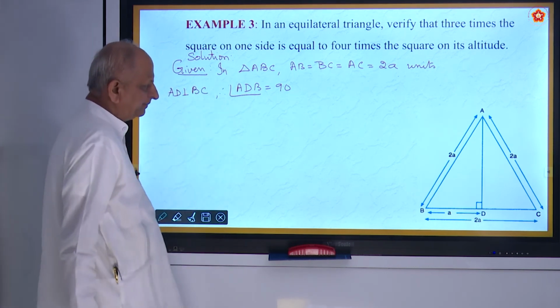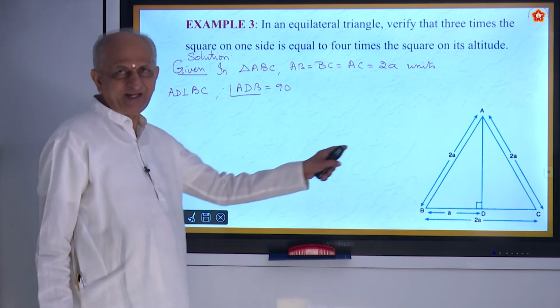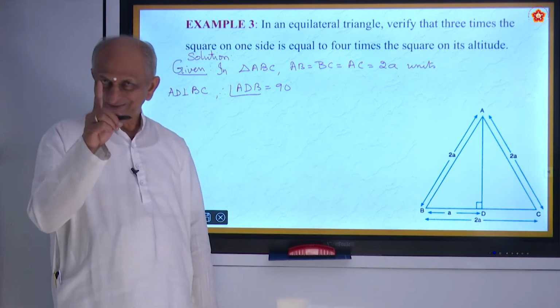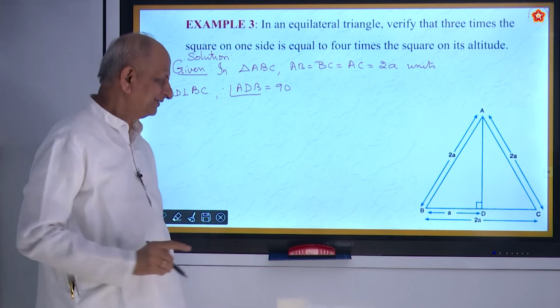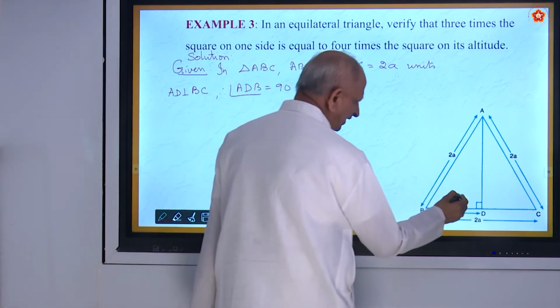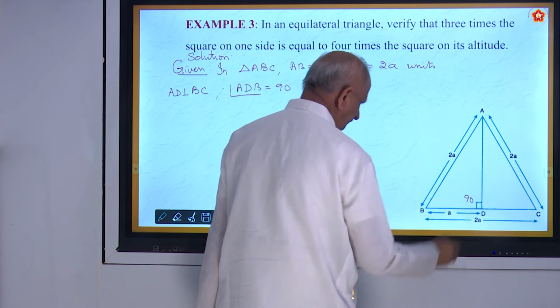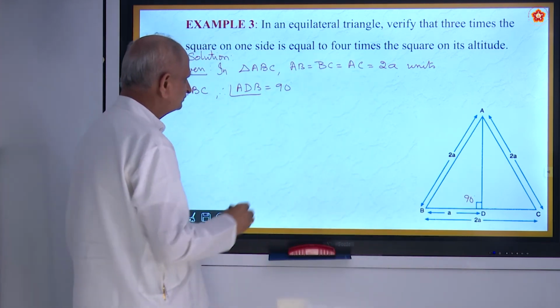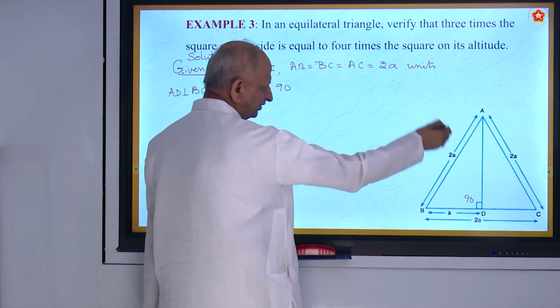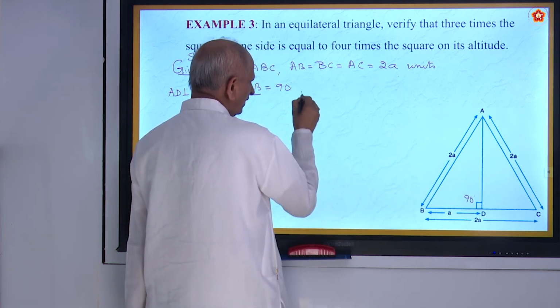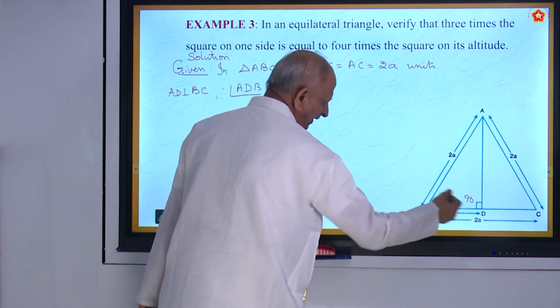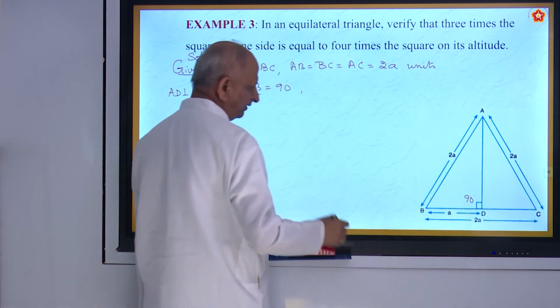Therefore, ADB becomes 90 degrees. So, what type of triangle do you get? You get a right angle triangle, which means that this angle is 90 degrees. Now, what happens to BD? As it is an altitude, it is perpendicular to this and it divides the side.